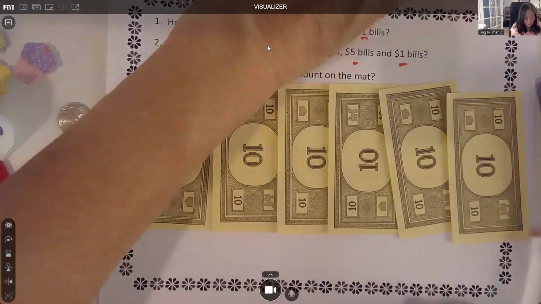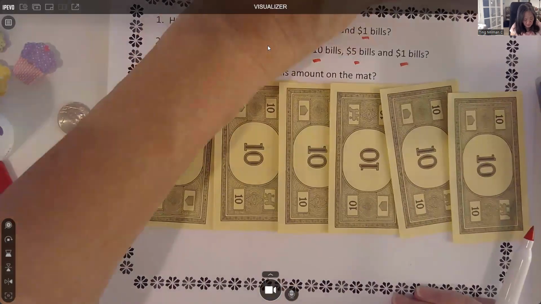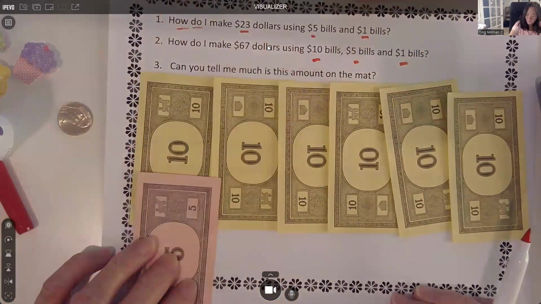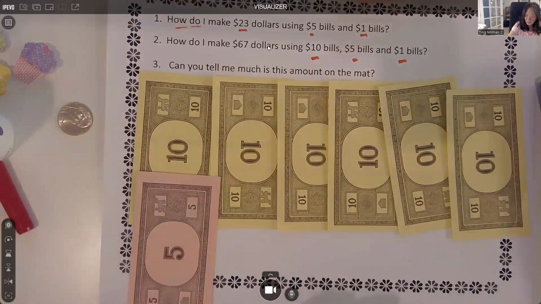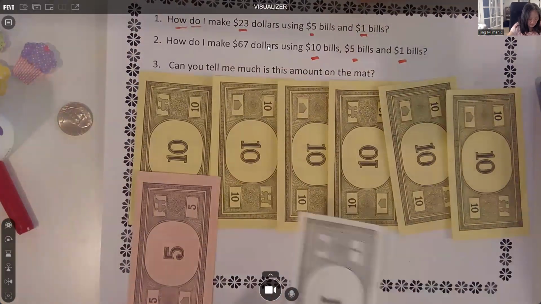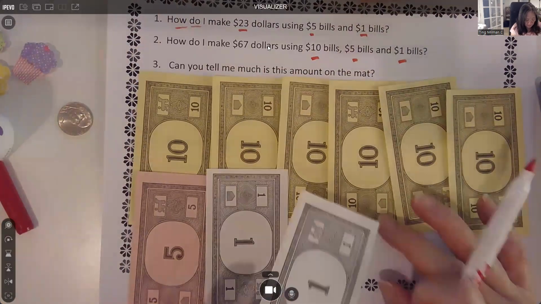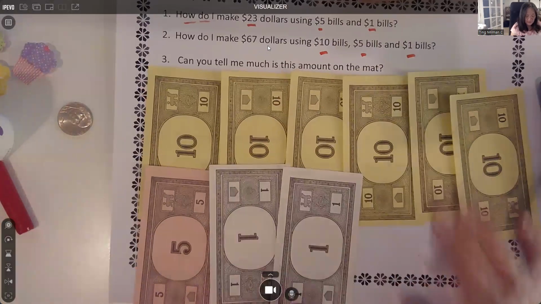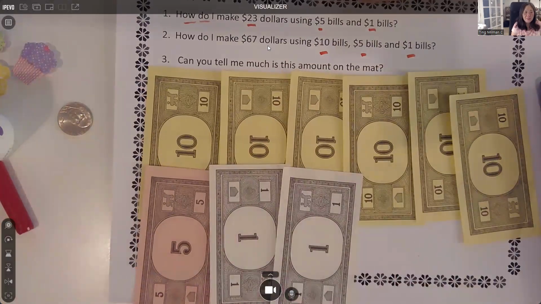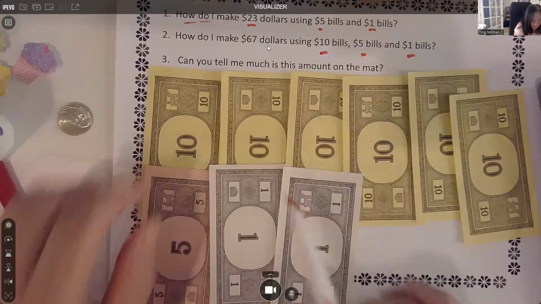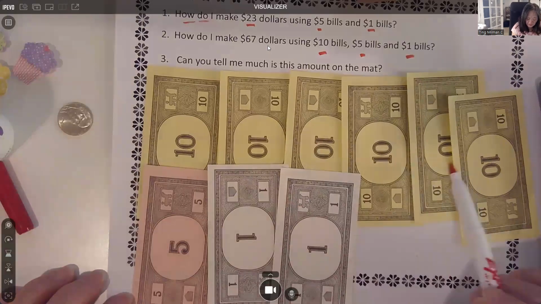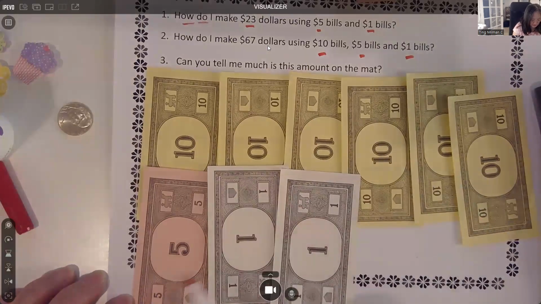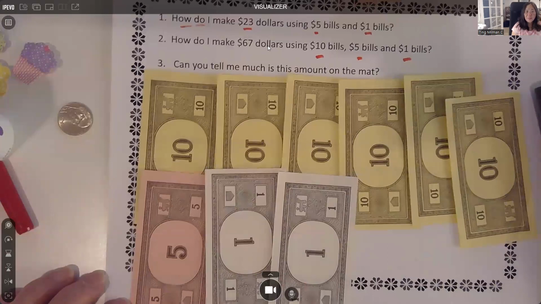And then we're going to take one $5 bill. So it's 65. And then we're going to take out two $1 bills. And that would be 67. All right. So 10, 20, 30, 40, 50, 60, 65, 66, 67.